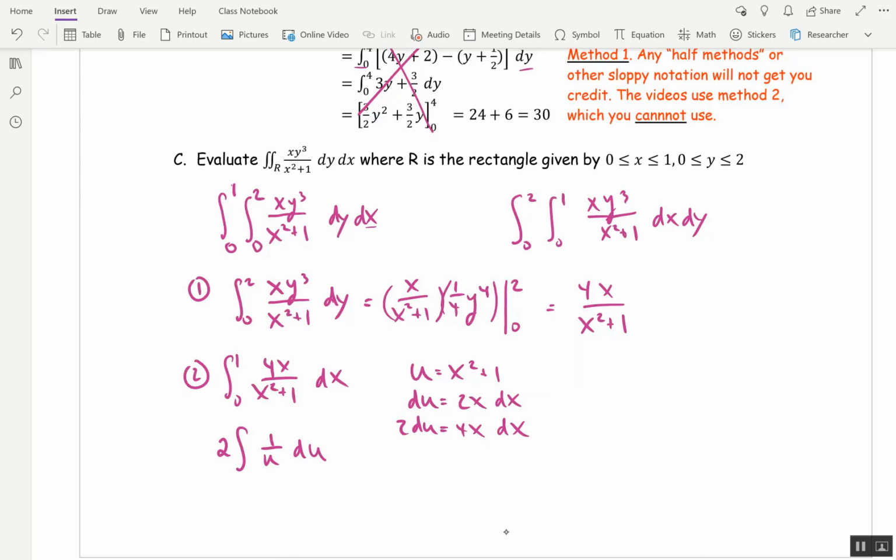When x is 0, u is 1. And when x is 1, u is 2. So that gives me 2 ln absolute u between 1 and 2, which is 2 ln 2 minus 2 ln 1, but ln 1 is 0, so 2 ln 2 is my answer.